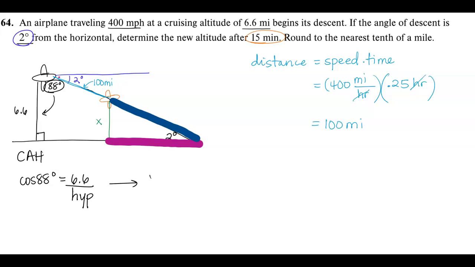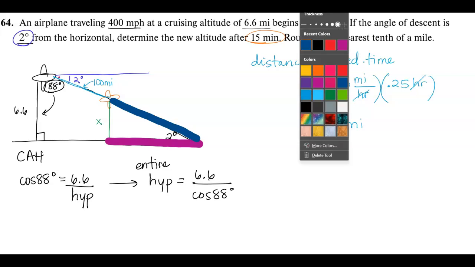If you solve this, you'll see that the hypotenuse is equal to 6.6 over cosine of 88 degrees. And I'm not going to put that in the calculator just yet because I don't want to get any rounding errors. So the entire hypotenuse is equal to 6.6 divided by cosine of 88.